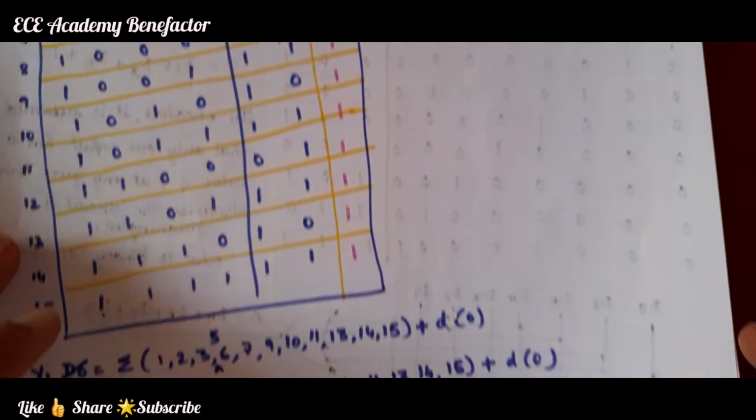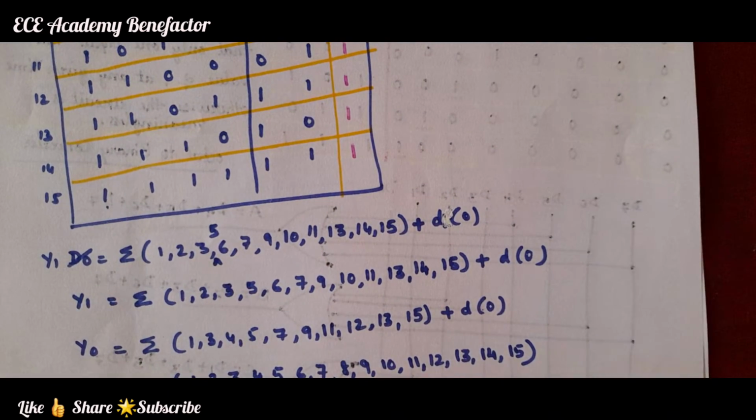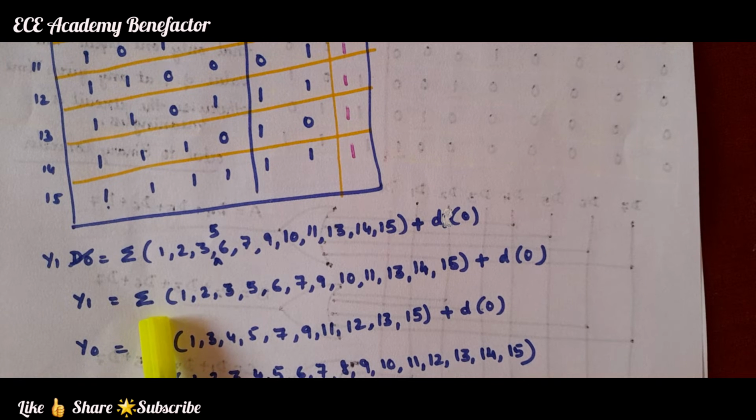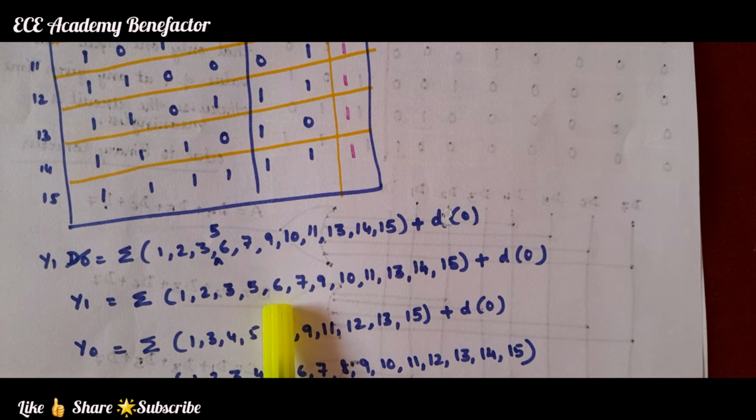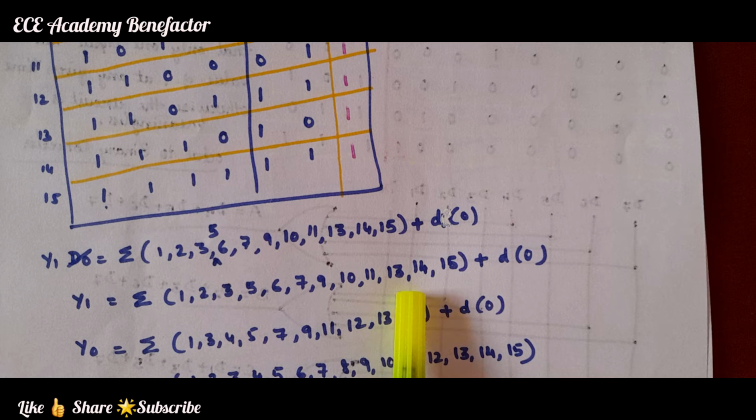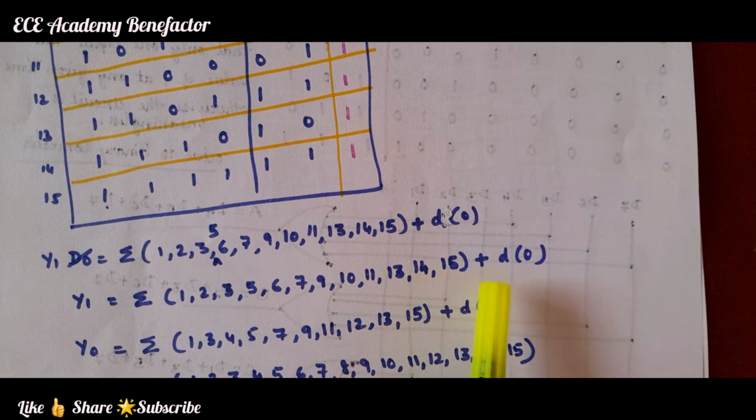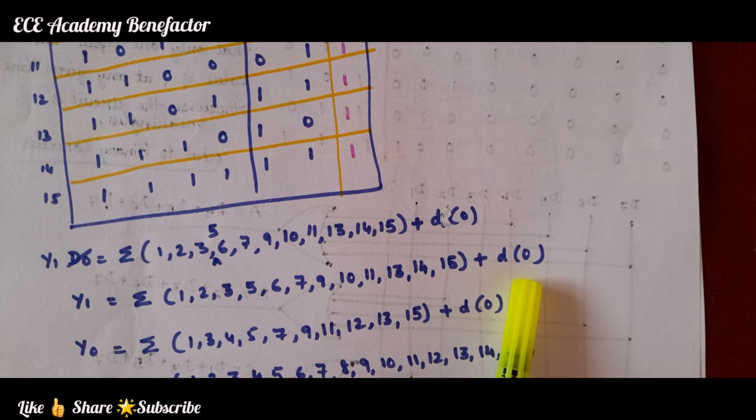So Y1 equals the sum of minterms 1, 2, 3, 5, 6, 7, 9, 10, 11, 13, 14, 15 and one don't care at 0.